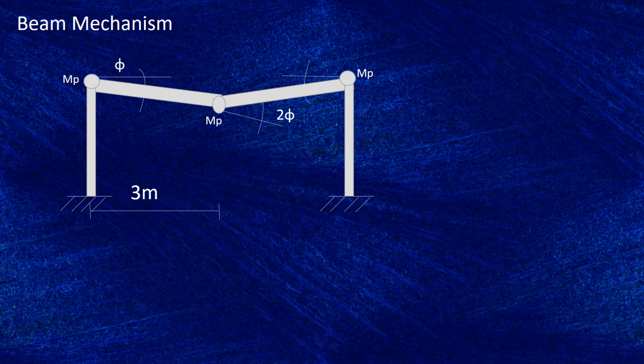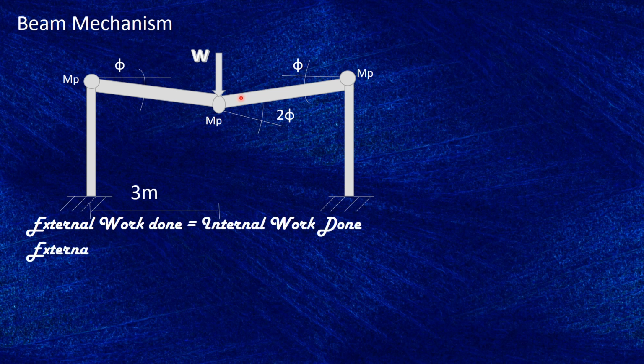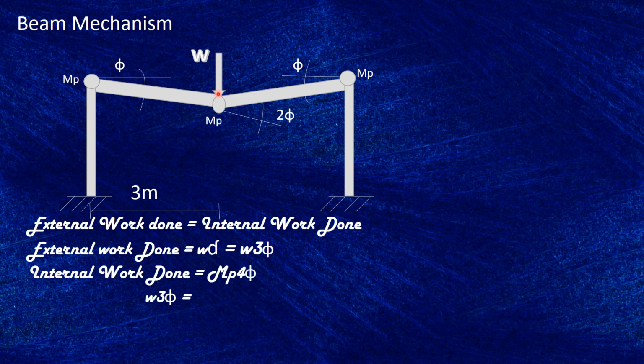Then again here, because the load has done work externally and internally, we just have to equate this. The external work done is W times distance traveled dV. Now the way to find dV is by using this rotation theta angle, which is tan theta is opposite over adjacent.